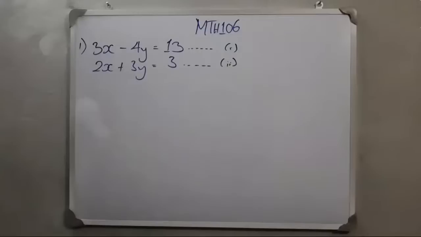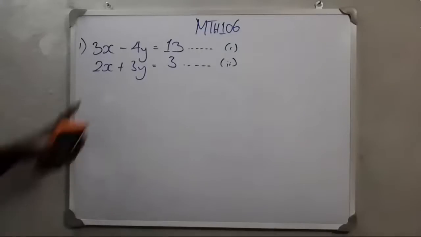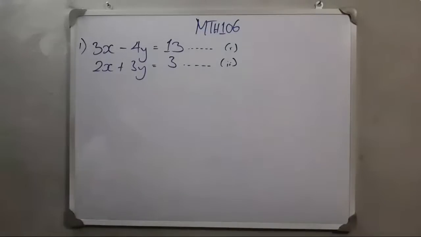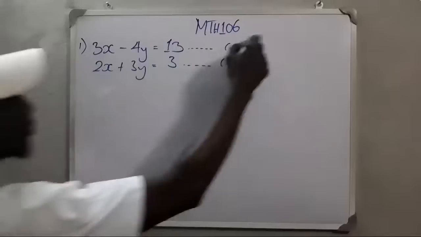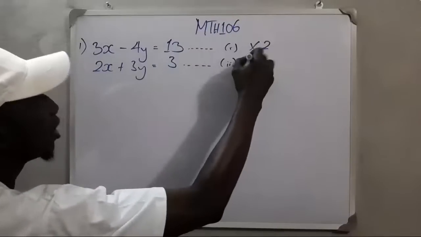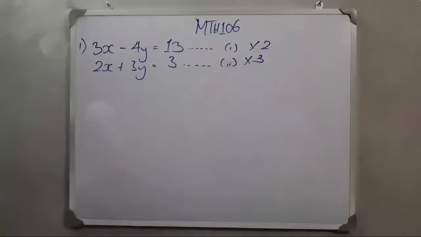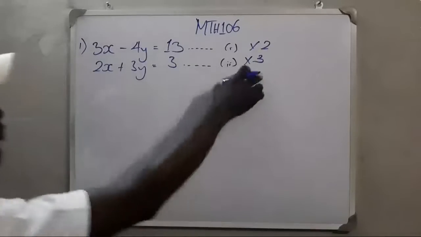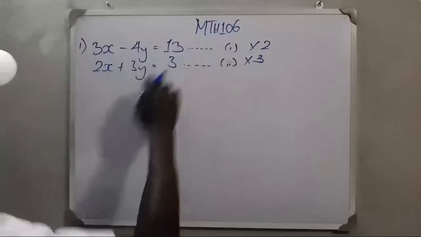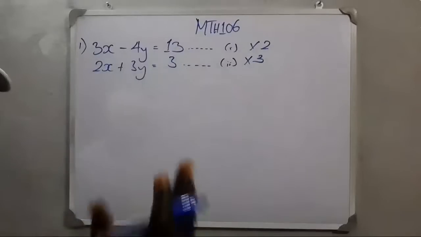So yesterday with this question, we were able to settle for multiplying equation 1 by 2 and multiplying equation 2 by 3. Doing so, what are we going to be getting?